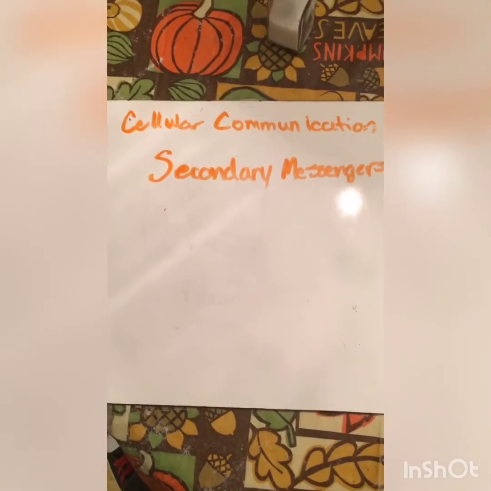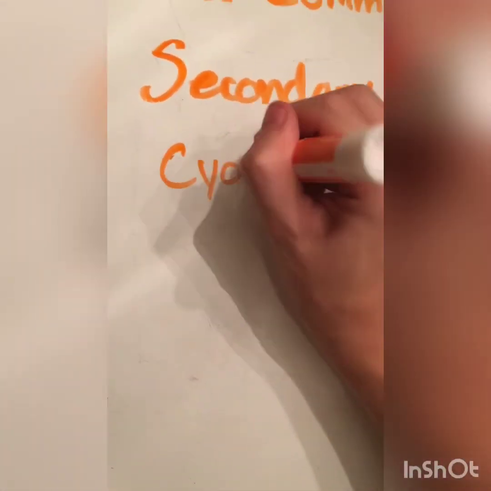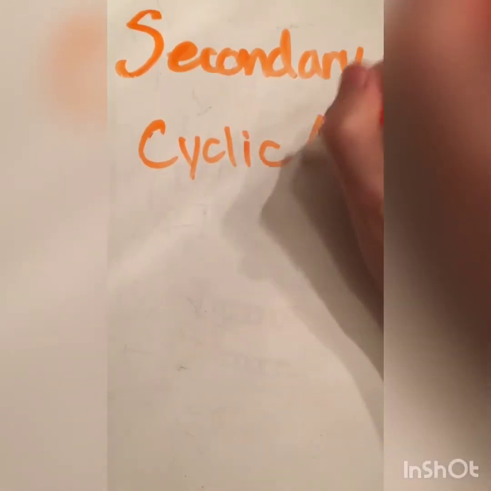Finally, we'll be talking about secondary messengers. The first secondary messenger we'll be talking about is cyclic AMP, or cAMP for short.